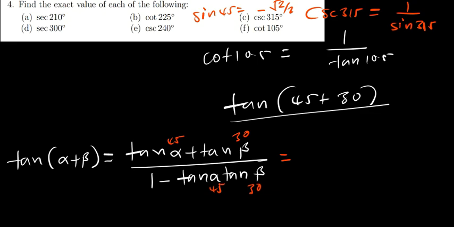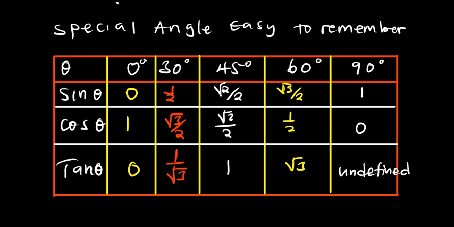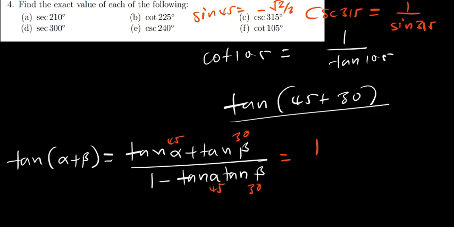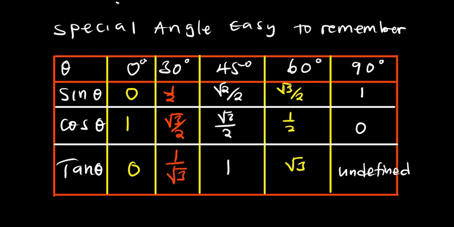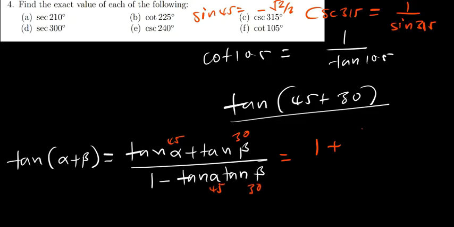Okay, so we go back. Tan 45 is 1. So we have 1 plus tan 30. Tan 30 is 1 over root 3. So it's 1 over root 3. I divide it by 1 minus, what else do we have?